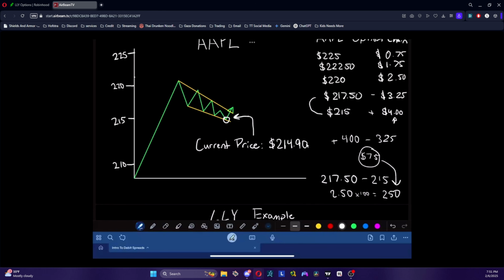Yeah, 175. So you're paying $75 to get a max profit of 175. That is, if you guys like using this term, a 2-to-1 risk to reward ratio, because in fact it's above it: 75 times 2 is 150, and your max profit here is 175.